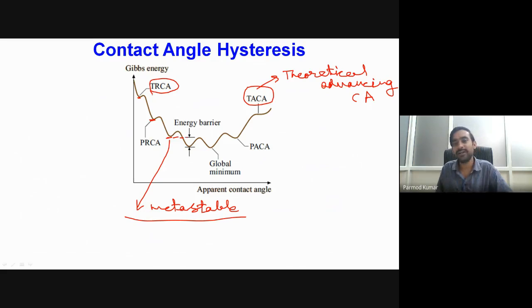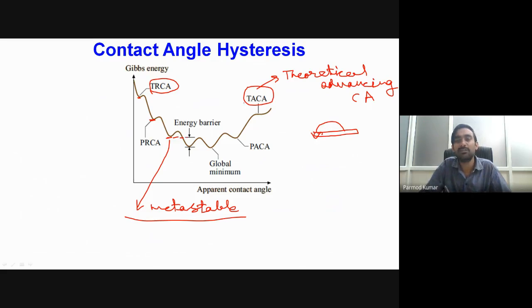Okay. However, in actual practice, while we are doing the experiments, it may happen that from the surroundings, some amount of energy fluctuations are supplied to the droplet. These energy fluctuations may be because of the impact of the droplet on the solid surface while it is resting over the surface, or because of the motion of the surrounding fluid. So there may be some residual motion in the surrounding fluid, because of which there may be some small supply of energy to this droplet.